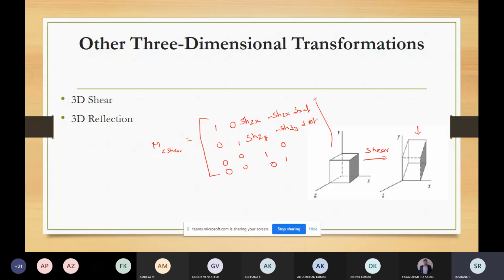So this is a transformation matrix. This is a matrix which you can use for getting the sheared object along the z-axis.